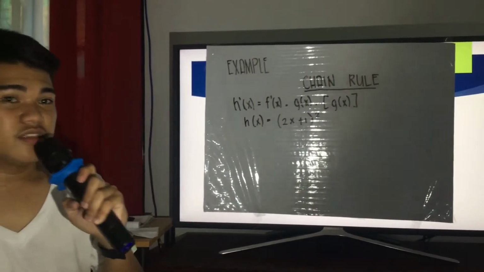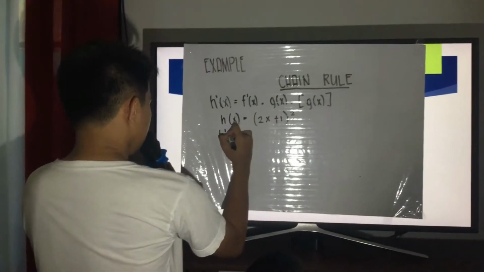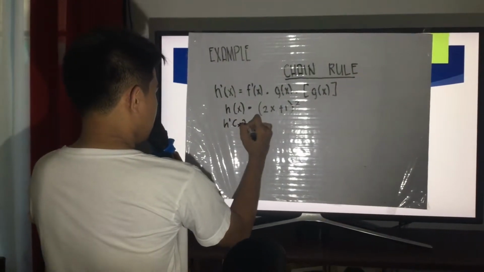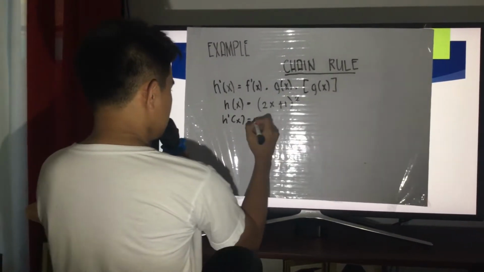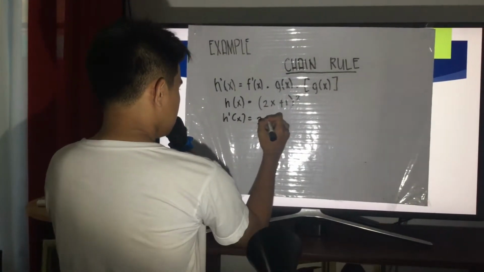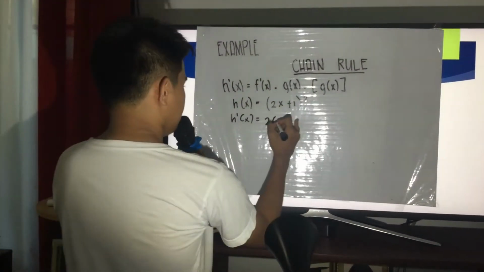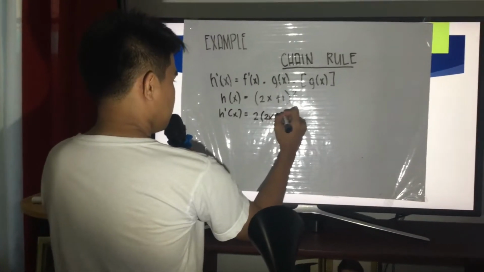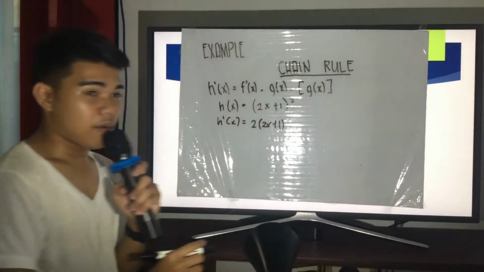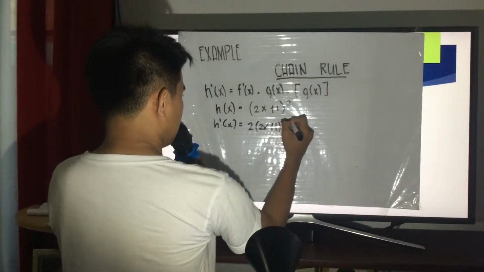So apply the formula. h prime of x equals the derivative of the outer function, which is 2, times leaving the inside function alone, 2x plus 1. So let's apply the power rule, which is to subtract 1 from the exponent.